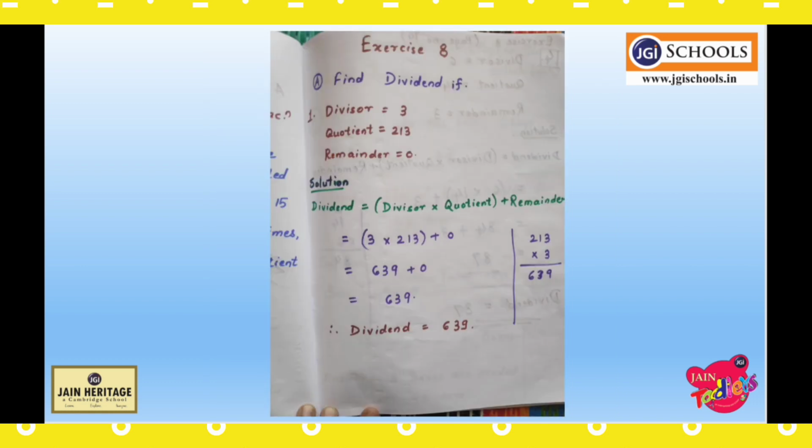Now exercise 8. Find the dividend if divisor equals 3, quotient equals 213, remainder equals 0. Now here you have to learn a formula, that is dividend equals divisor into quotient plus remainder.